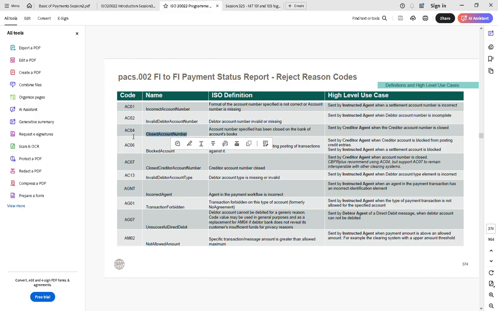Closed account number, we just discussed: account number for a specific bank has been closed or it has been banned, or some terrorism activity happened. Dormant account: no transaction happened since many months. Blocked account: account has been blocked. That is one reason. Account is closed, same agent, incorrect agent. So there are many things.